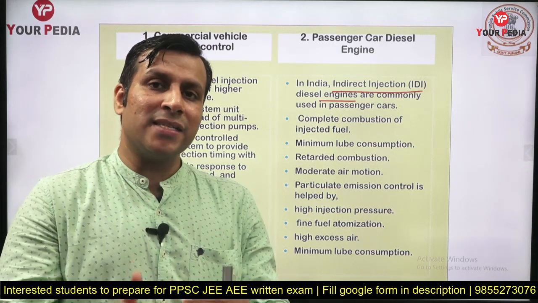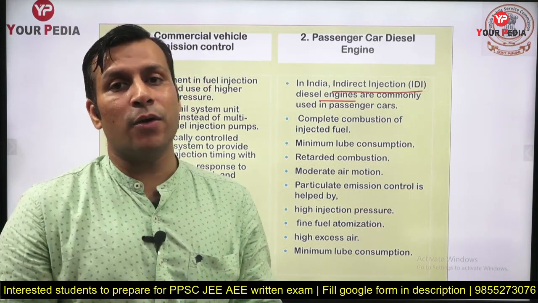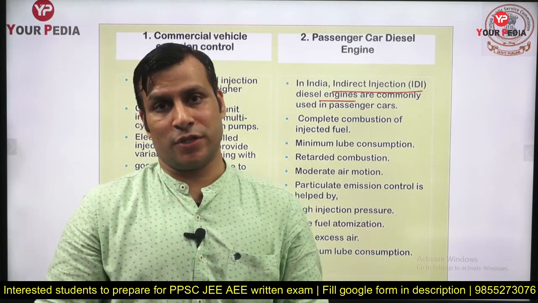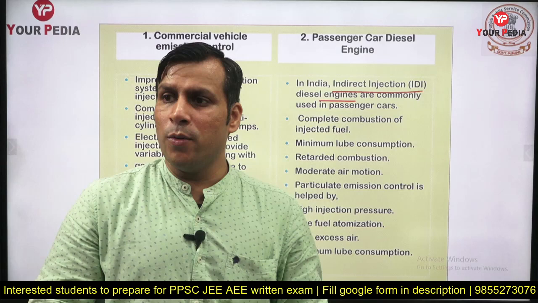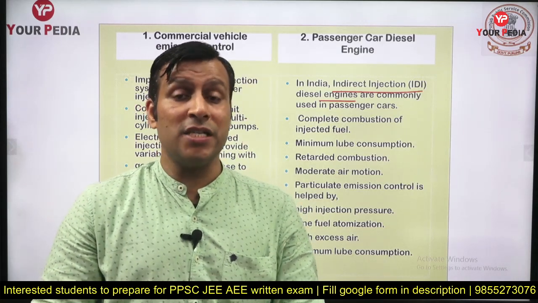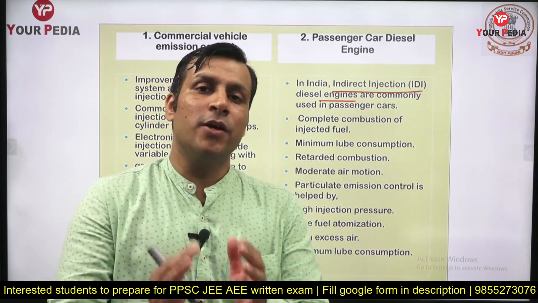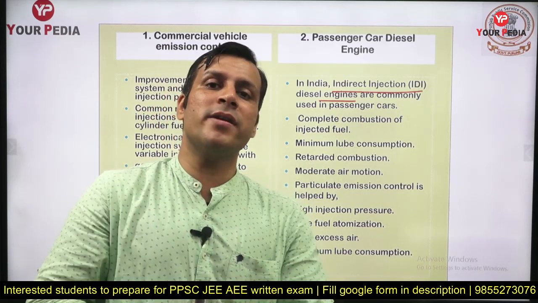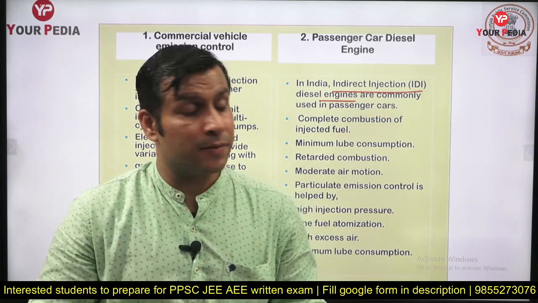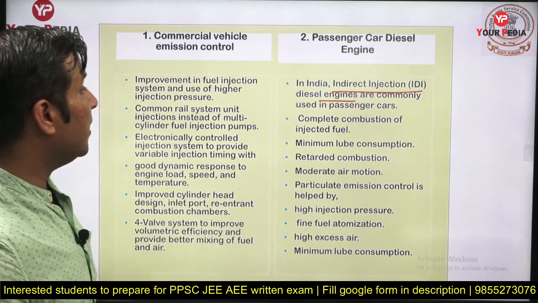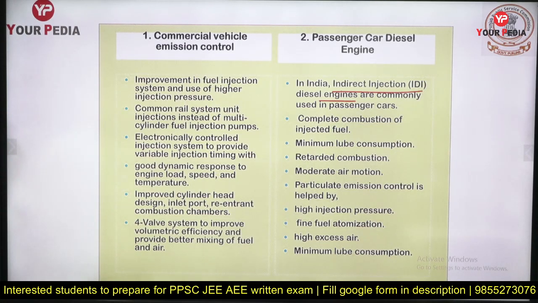As the technology is improving, we are carrying out improvements in the injection system. We are injecting the fuel in diesel at a very high pressure. I hope you know about the common rail direct injection system, CRDI technology. Sometimes we mention it as common rail diesel injection, but it is the common rail direct injection system which we use in diesel engines. By using those kinds of technology, we can reduce the engine emission: complete combustion of injected fuel, minimum lube consumption, retarded combustion, moderate air motion.